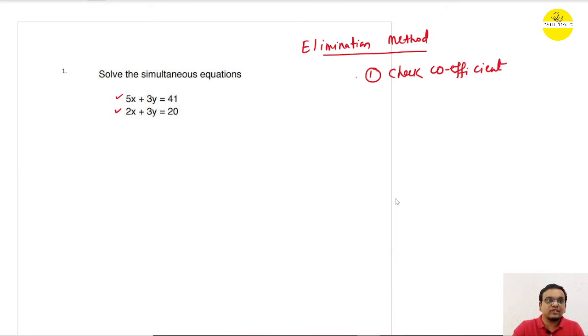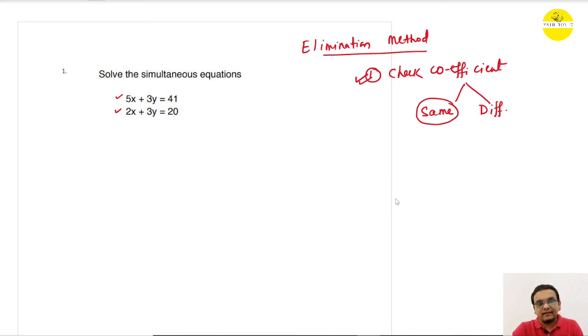So first of all, you have to check the coefficient. With the coefficients, two kinds of options I'll get. They'll have the same coefficient or they'll have a different coefficient. So if the coefficients of any variable are the same, then your job is very easy to solve these two equations.